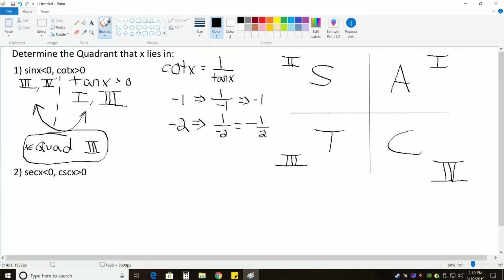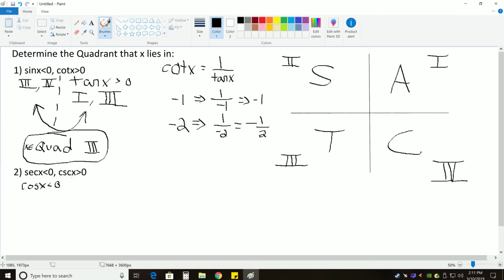Now we're going to move on to the second part. We want to find where secant of x is less than 0 and where cosecant x is greater than 0 at the same time. So secant of x being less than 0 means that cosine of x has to be less than 0 as well because it's the reciprocal.